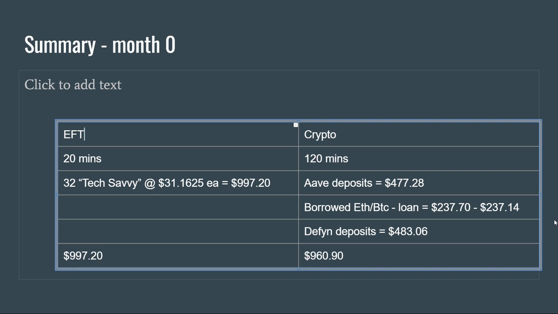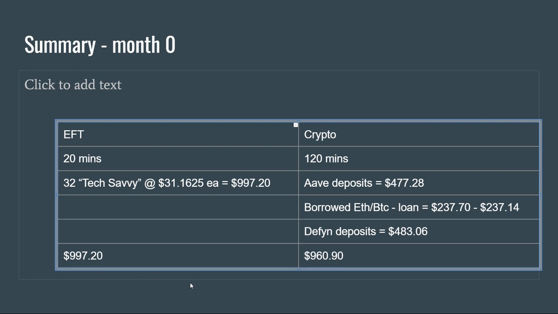What that means is that the amount that I've borrowed and the value of that borrowing is roughly the same. Finally, the stream 2 deposits are worth $483.06 right now, so you can see that these two are roughly similar. So the total value of the cryptocurrency is $960.90. Again, all of this is in Australian dollars.